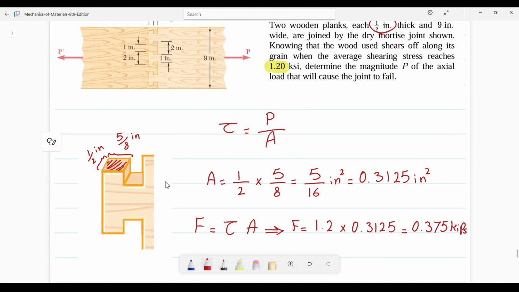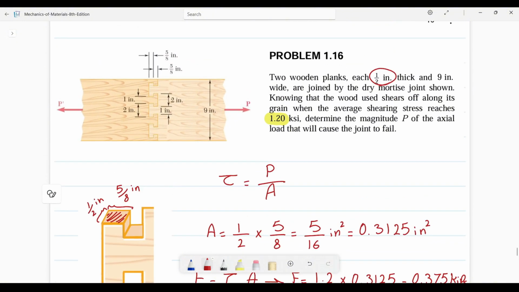And if we look at the structure and figure we have, for P we have 6 forces.